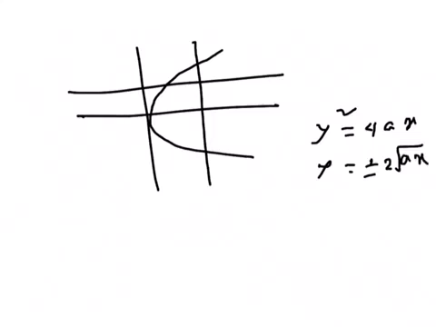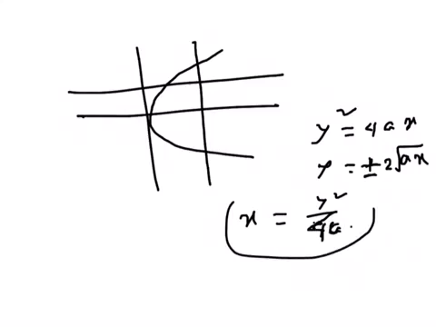For any x value it has two y values, but if we see this one, x equals y squared over 4a, definitely this one is a function, so x is a function of y.